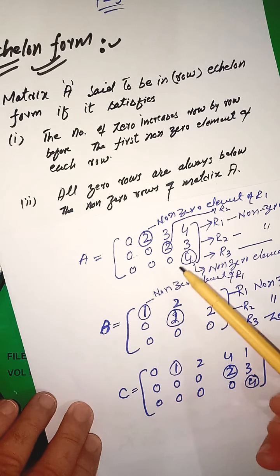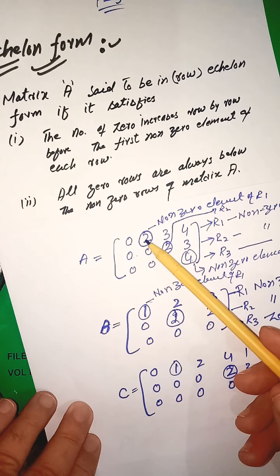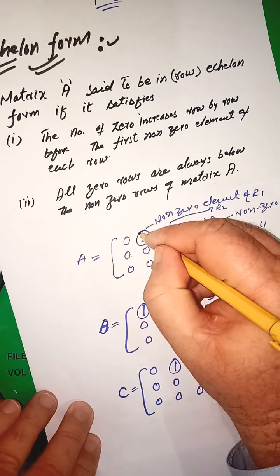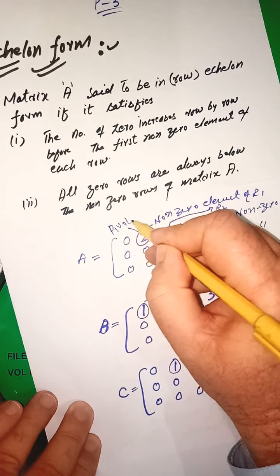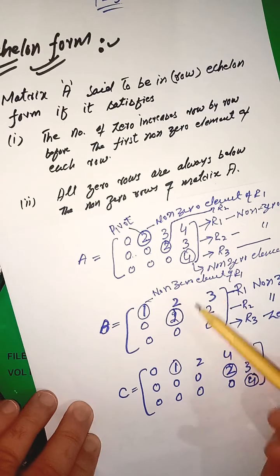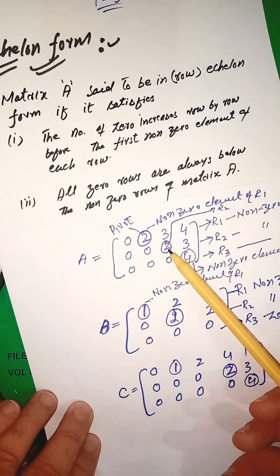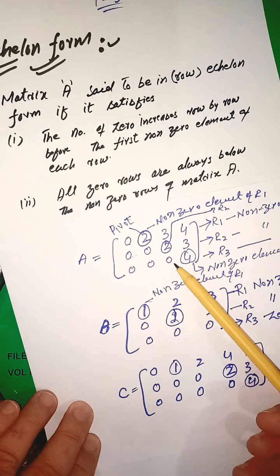And remember that the first non-zero element of each row is called the pivot, the pivot element of that row. Similarly, that is the pivot of row 1, that is the pivot of row 2, that is the pivot of row 3.